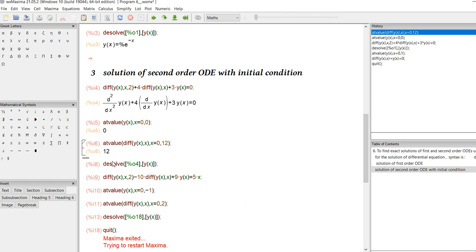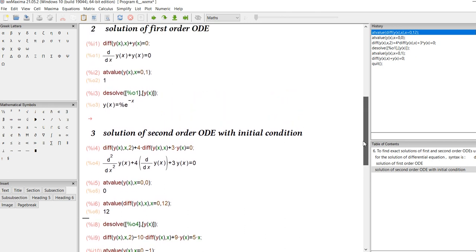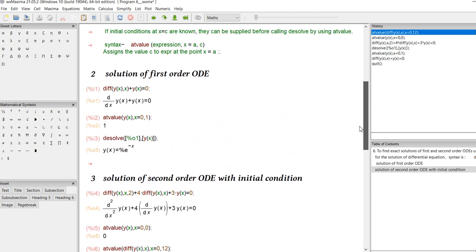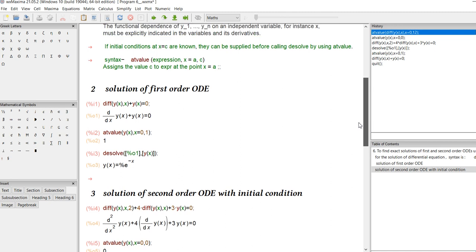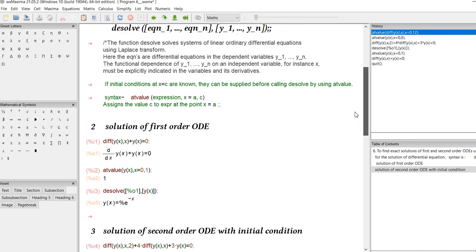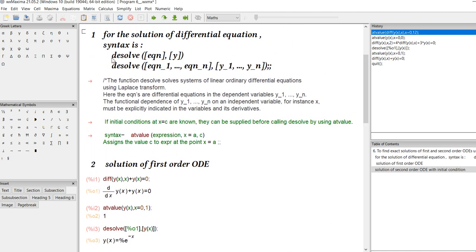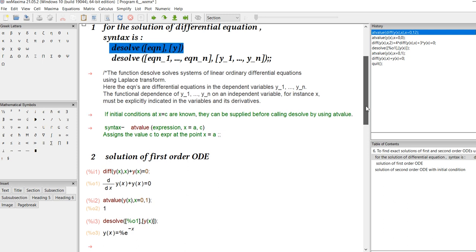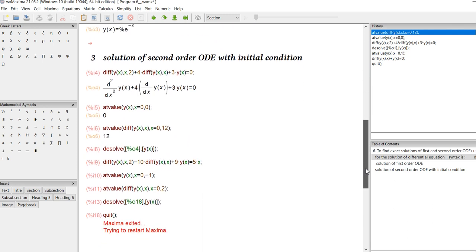Now I want to solve this. So my differential equation is at position 4. So you will write desolve, simple bracket. As I told you the syntax, look at the syntax of this one. In the examination, we will ask you what is the syntax to write this desolve command. So the syntax for this is desolve, equation. You should write this in the square bracket.